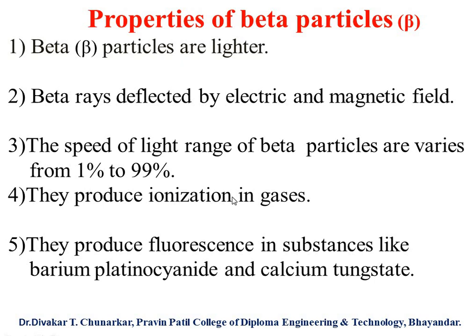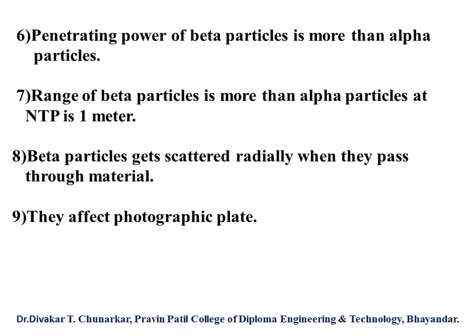Beta particles produce ionization in gases. They produce fluorescence in substances like barium platinocyanide and calcium tungstate. The penetrating power of beta particles is more than alpha particles.